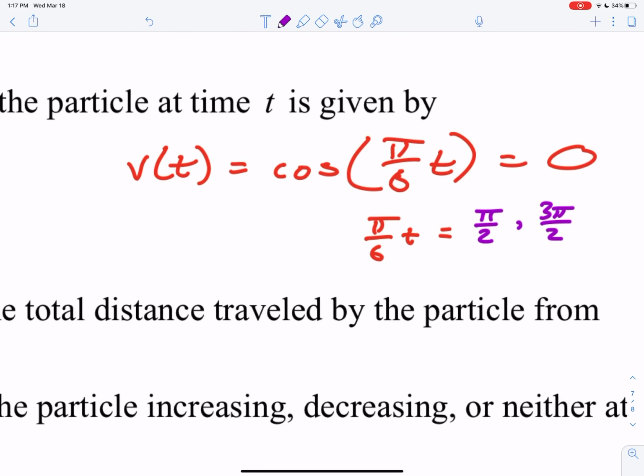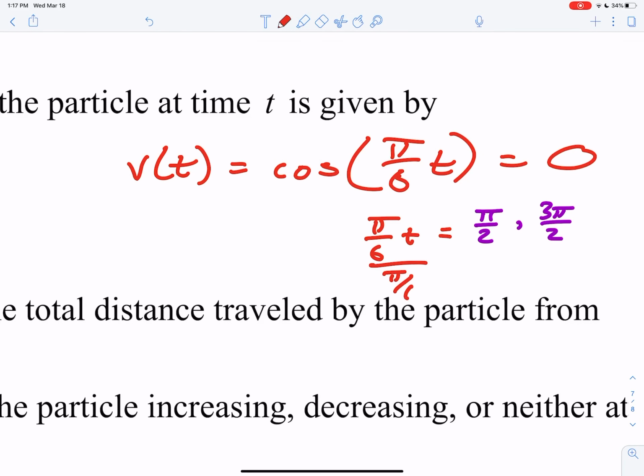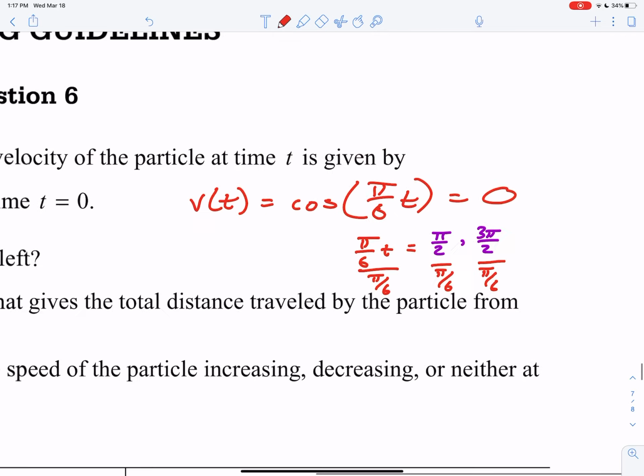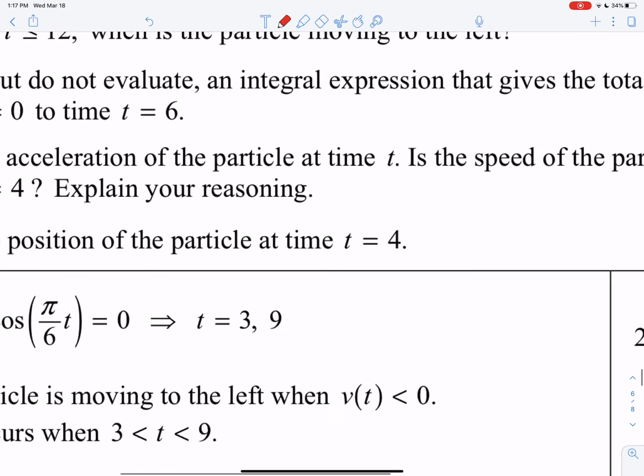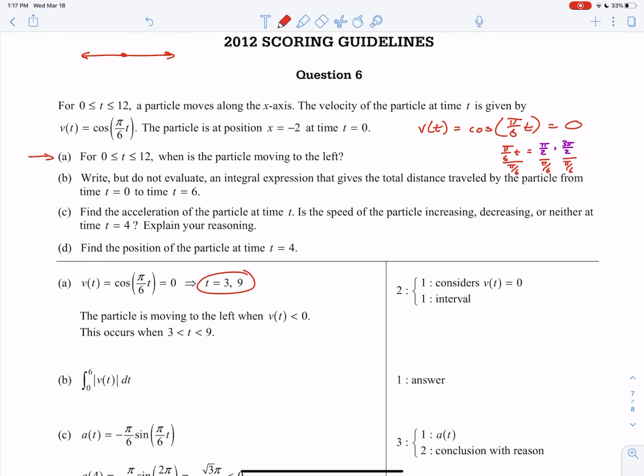To solve for t here, we're going to divide by pi over 6 for each of these. If you divide by that or multiply by the reciprocal, you should get 3 and 9. Pause there, make sure that you understand that before you move on, okay?